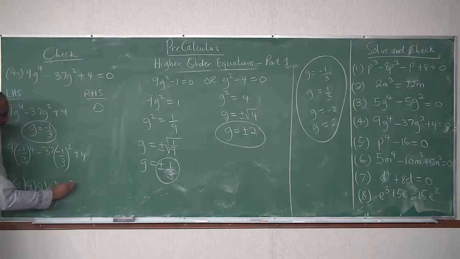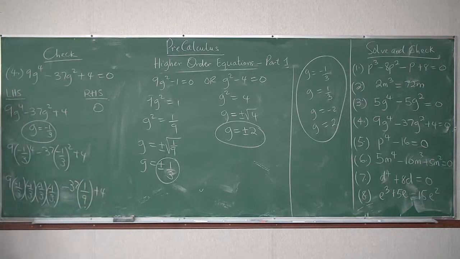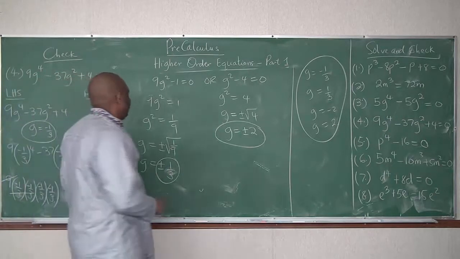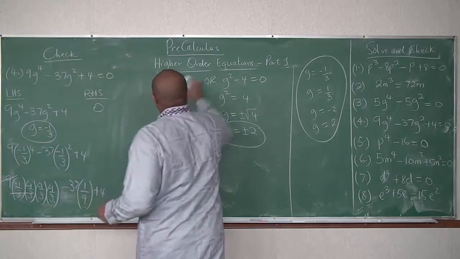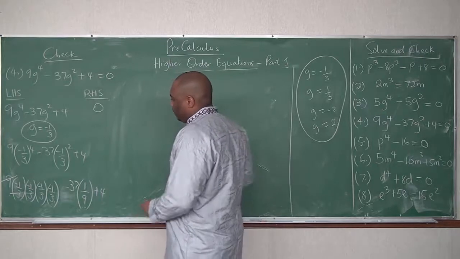Then minus 37 times 1 over 9. I can just go ahead and put 1 over 9. Then plus 4. So folks, see what I have to do here. 3 times 3 is 9. Bam, bam. That is gone. Okay, 3 times 3 is 9. So that is gone for that one. So what do I have here now?